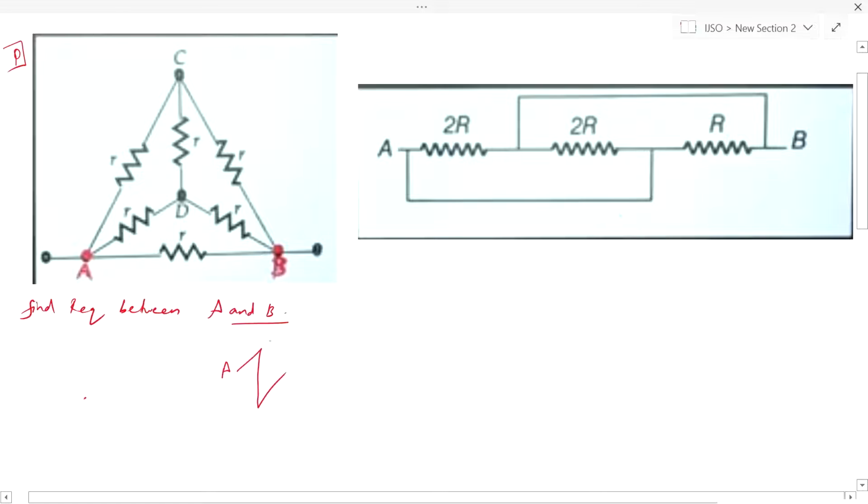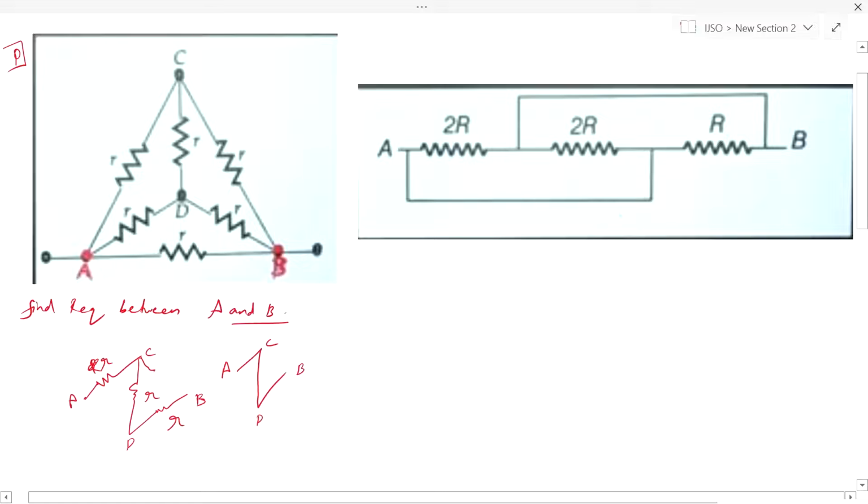A, C, B. So A to C is R, C to D is again R, D to B is again R.